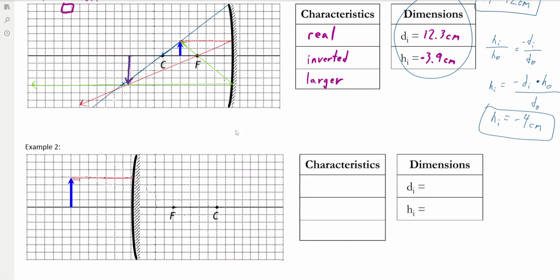Oh, that's not perfect, but it's the right idea. Okay, it hits the mirror there, and when it hits the mirror, it uses the focal point in order to draw the rest of the arrow. So this will hit the focal point. Again, it's not perfect, but neither will yours be perfect, so that's okay.